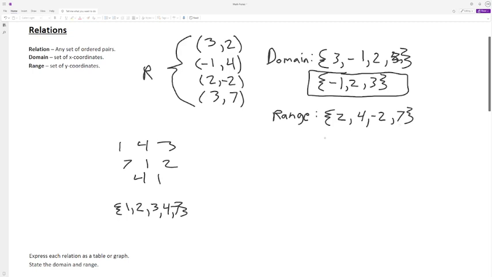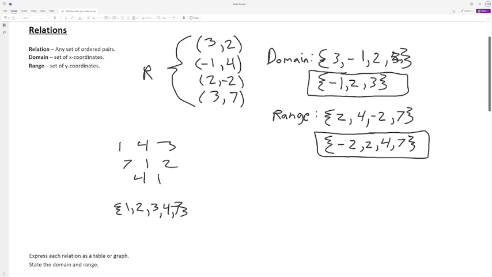Now if we want to write this the way the book does, or the way I've been teaching, in proper order, increasing order, we would write -2 first, then 2, then 4, then 7. So this is our range.